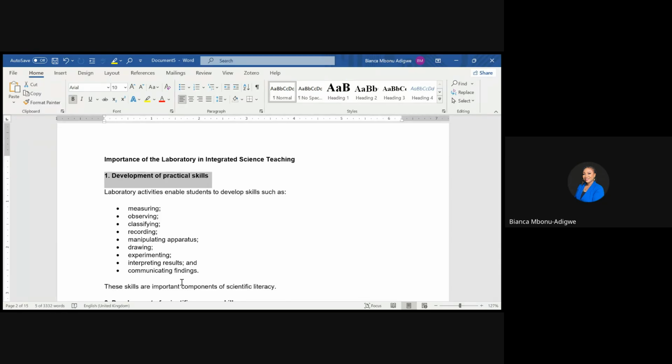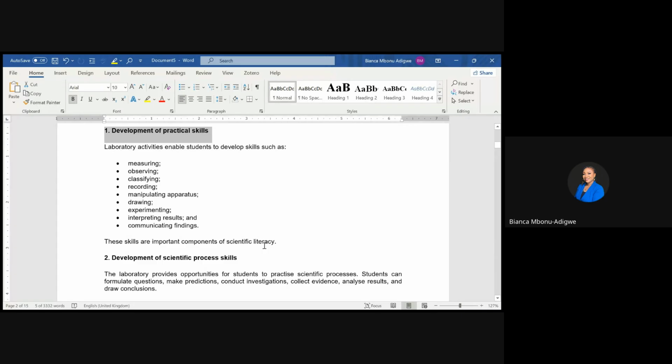We can't hear you. You're muted, but we can't hear you. Collins. The importance of the laboratory in integrated science teaching, or science teaching in general.